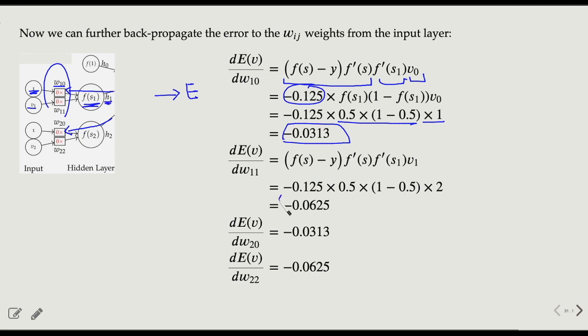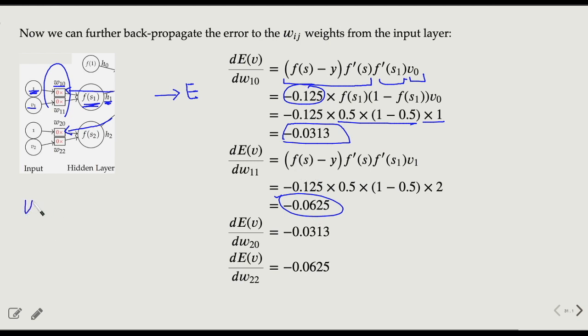So we can do the same thing to compute the derivative. These derivatives will be used to update the W10, W11, W20, W22 weights here. We see that they are negative values.